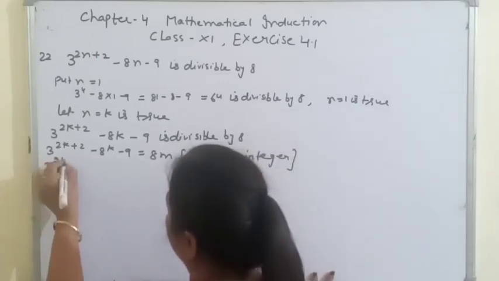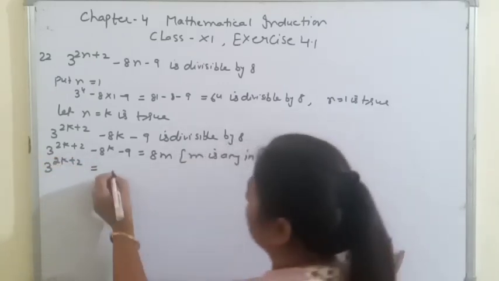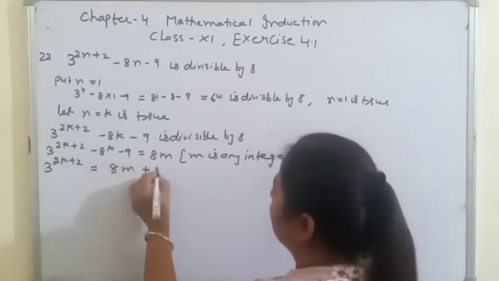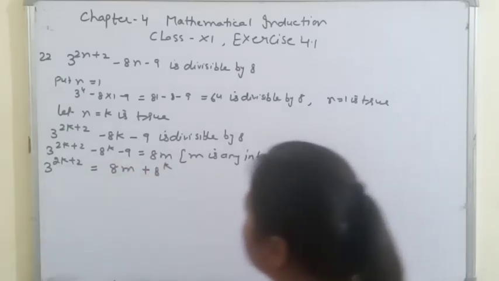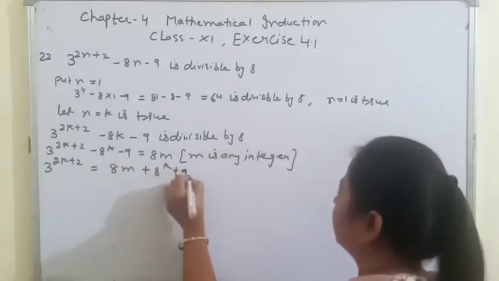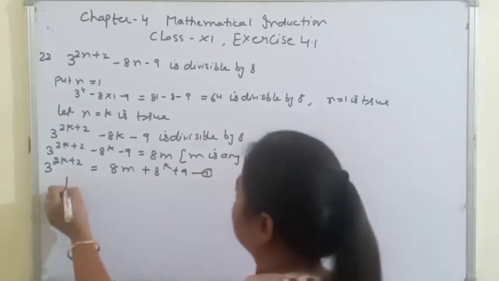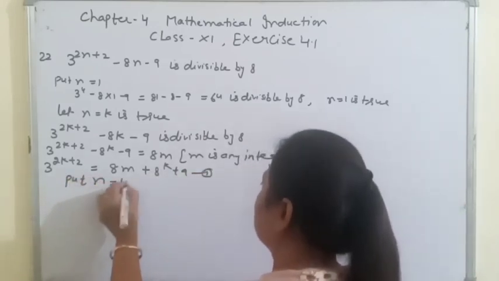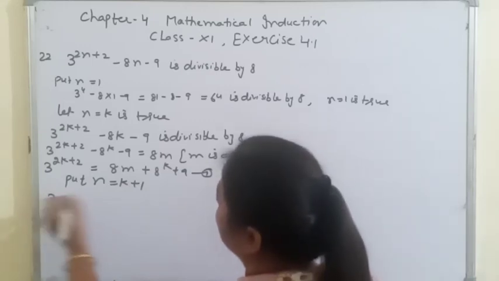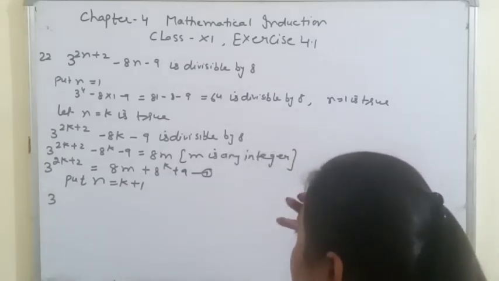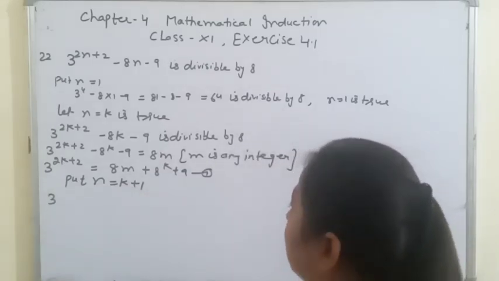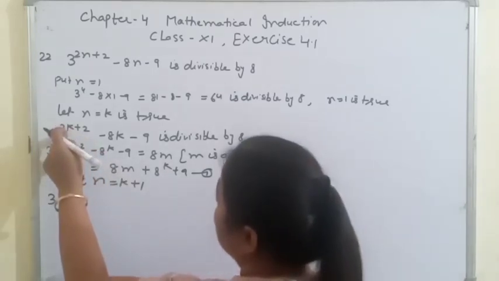So 3^(2k+2) will be equal to 8m plus 8k plus 9. This is the first. Now put n equal to k plus 1. Let's see what will happen when we put n equal to k plus 1. This is 2k plus 2.